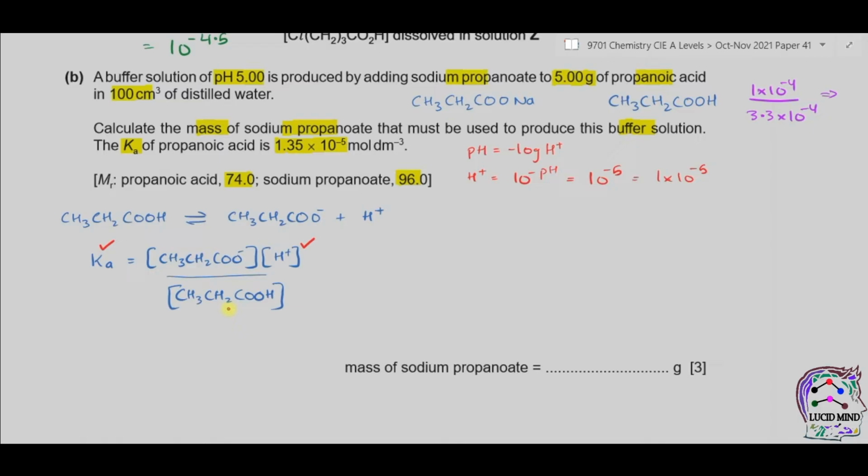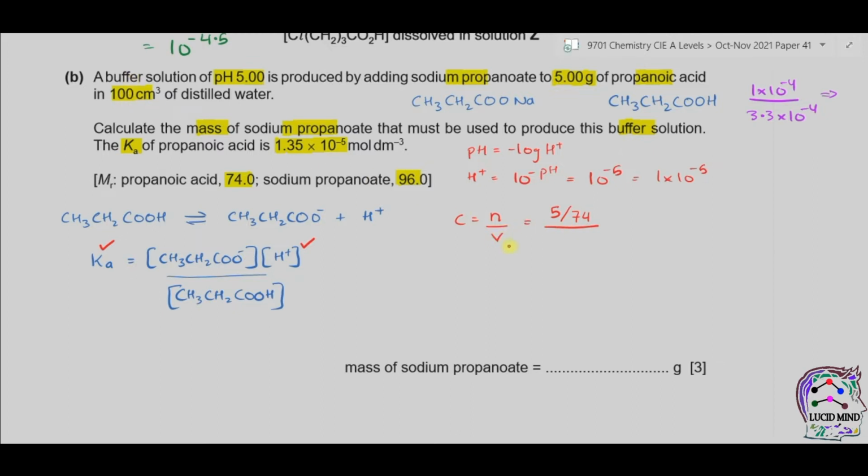We can also find the concentration of this acid from the given mass. As we know, the formula is concentration equal to number of moles divided by volume in dm³. So the number of moles will be equal to mass in grams divided by molecular mass of propanoic acid. Molecular mass of propanoic acid is given, it is 74. So 5 grams divided by 74 gives the number of moles of propanoic acid, divided by the volume in dm³.